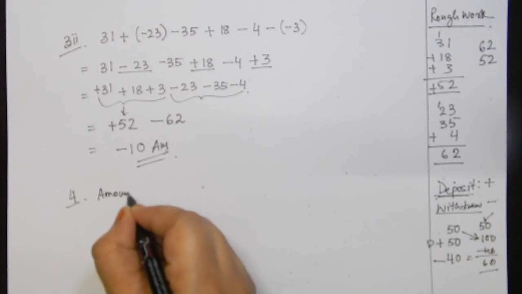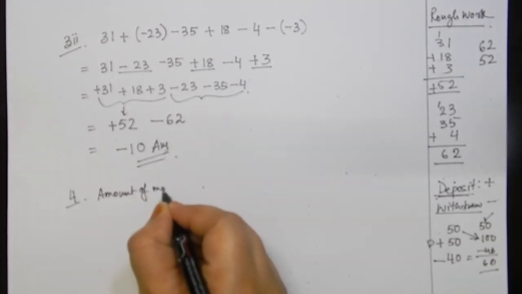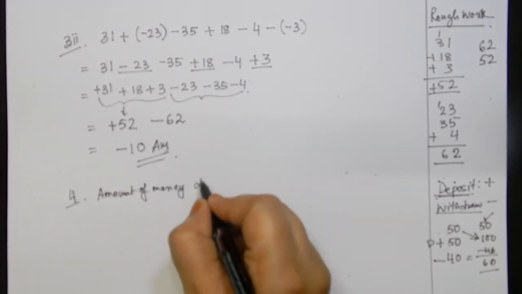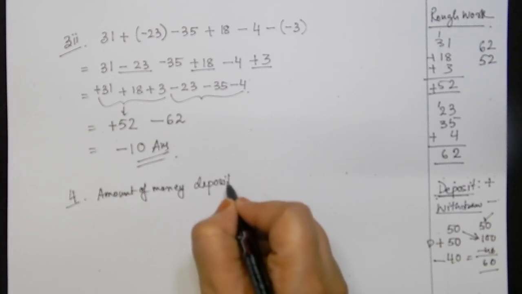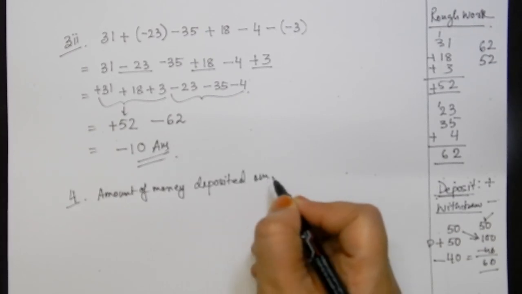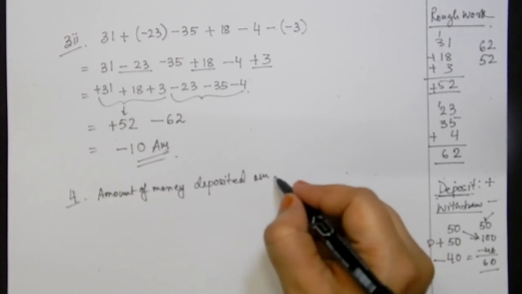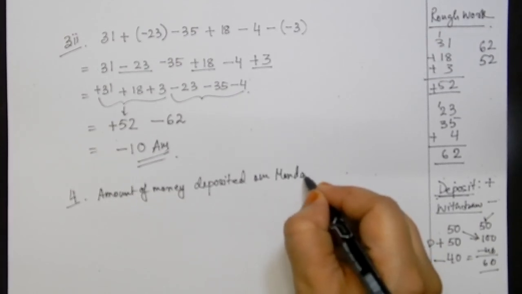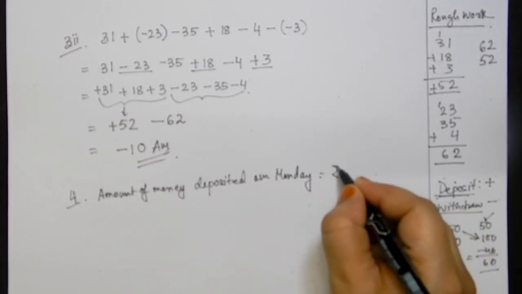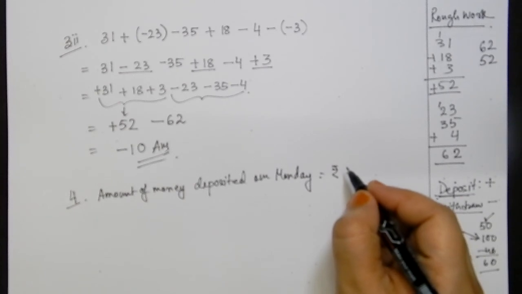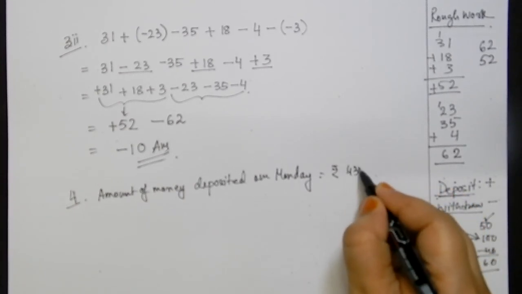So amount of money deposited on Monday, right, is equal to rupees 4,370.